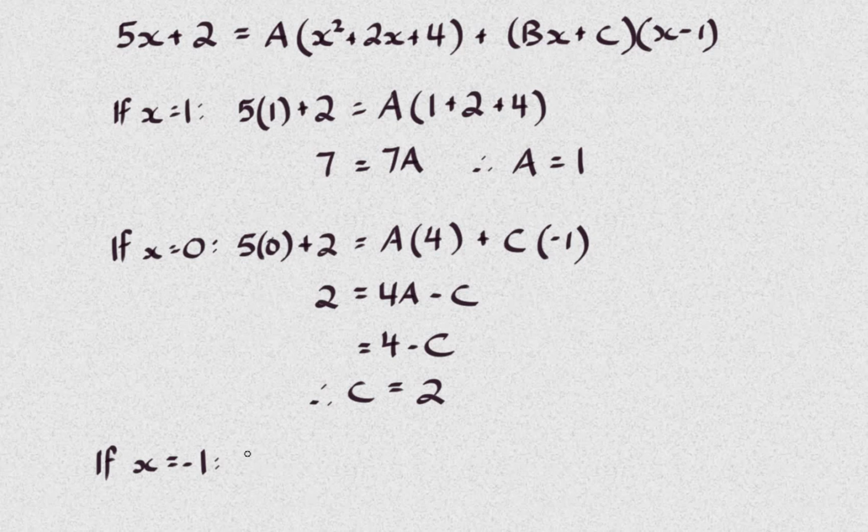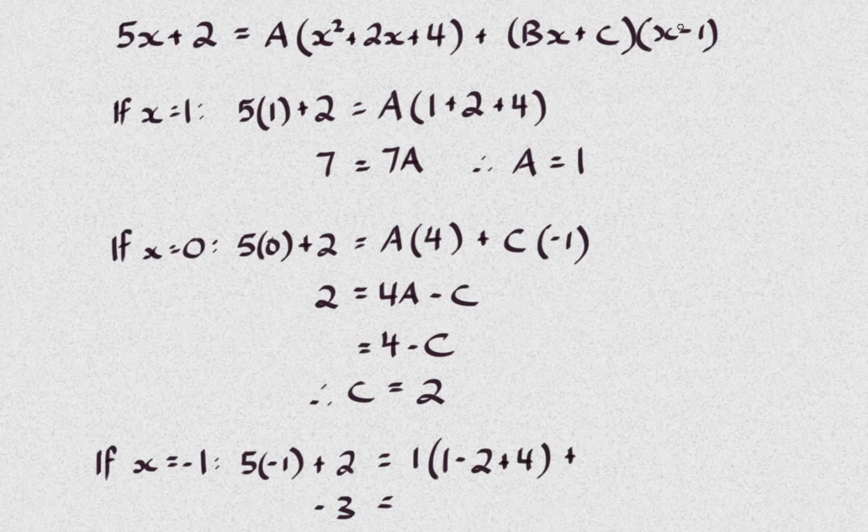So what do we get on the left? 5 lots of minus 1 plus 2, so that is negative 3. And this will be equal to a, which is 1, outside of negative 1 squared, so 1, minus 2 lots of minus 1, plus 4.